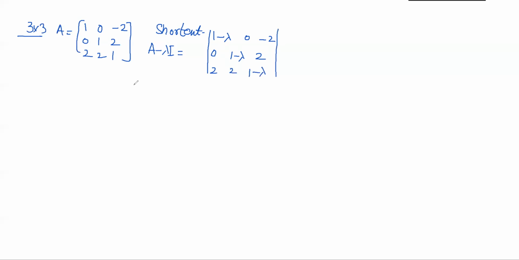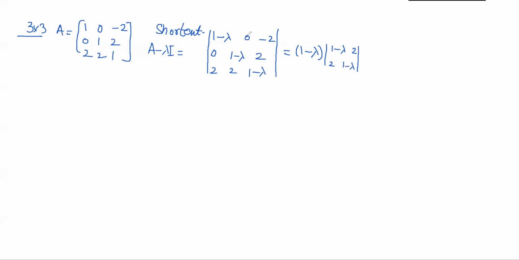Okay. And now we can find its determinant. For finding its determinant, we will expand from the first row. So it will be 1 minus lambda times the determinant of this minor matrix: 1 minus lambda, 2, 2, 1 minus lambda.